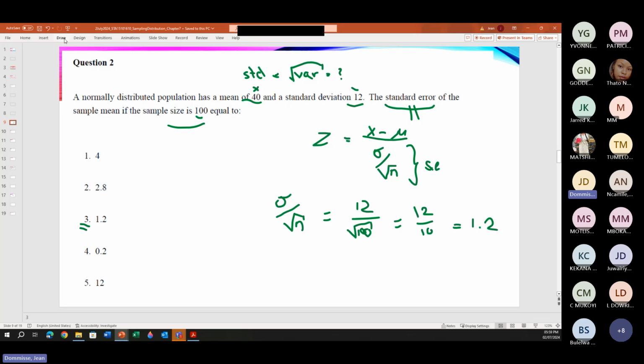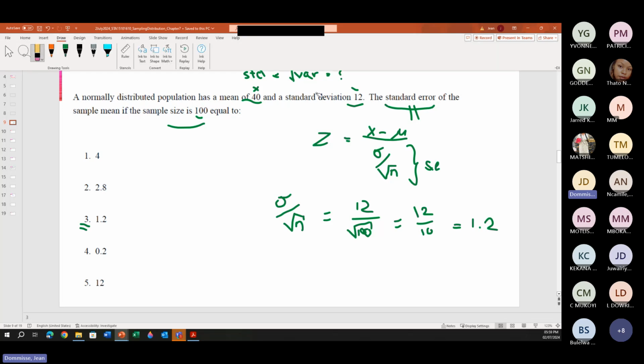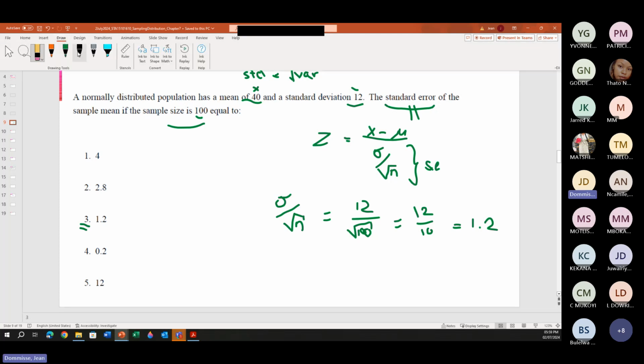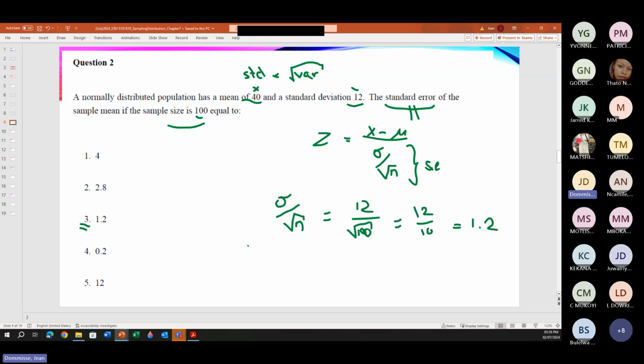So if they give you variance, just remember from chapter 3, I think, where we looked at standard deviation and variance, that the square root of the variance is the standard deviation.